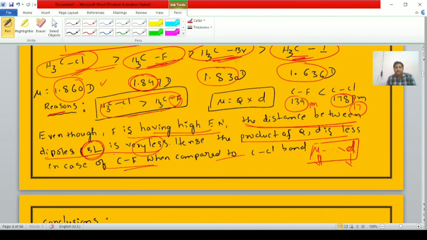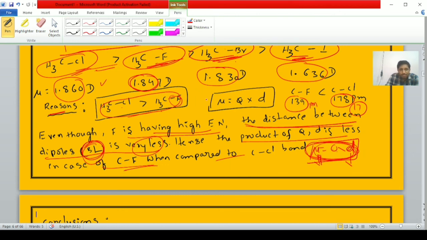Even though fluorine has the highest electronegativity, the distance between the dipoles, that is the bond length, is very small. As the bond length is less, the distance is less. As the distance is less, the product of Q and D is less. As the product of Q and D decreases, the dipole moment also decreases. Right, students? That is about dipole moment.